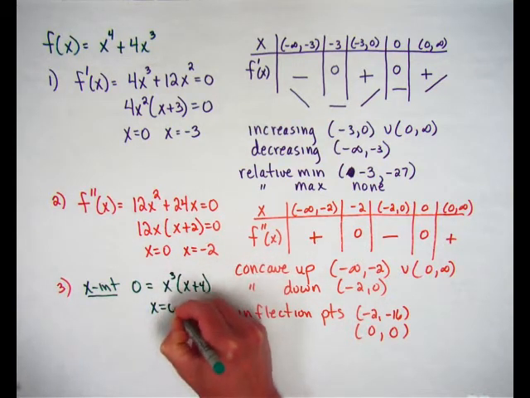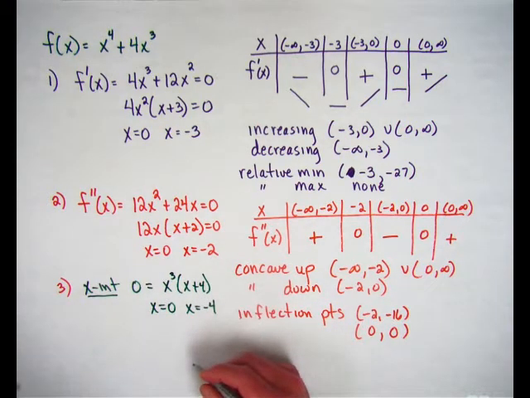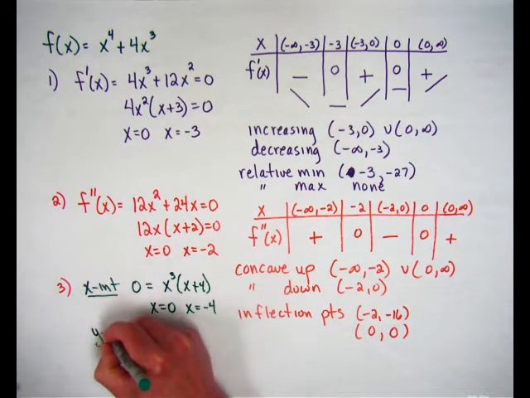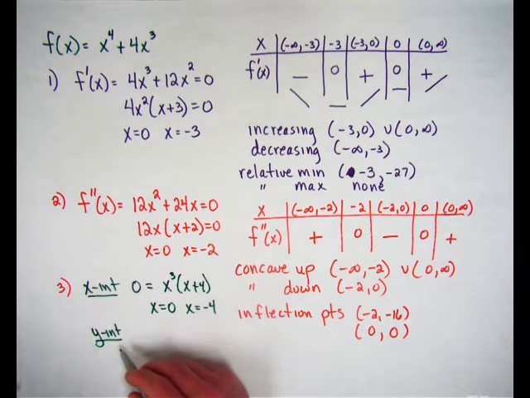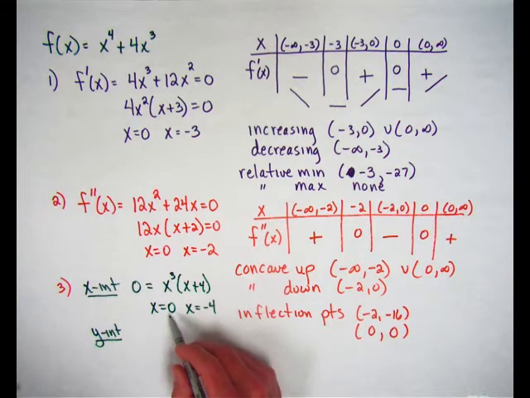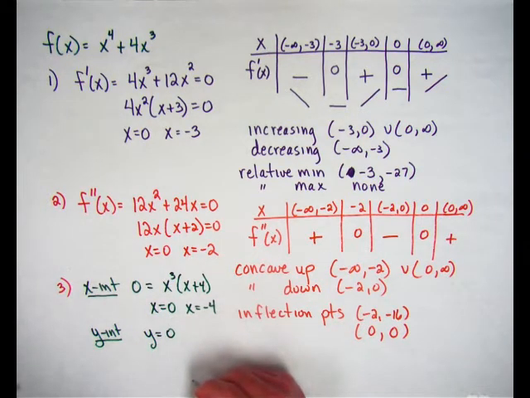So the x-intercepts are going to be 0 and negative 4. So our graph is crossing the x-axis twice. And the y-intercept, remember that there can only be one y-intercept. So if your x-intercept is 0, which is the origin, it must also be your y-intercept. If you plug 0 in for x, you could verify that.